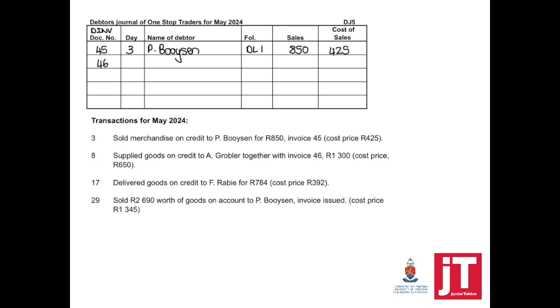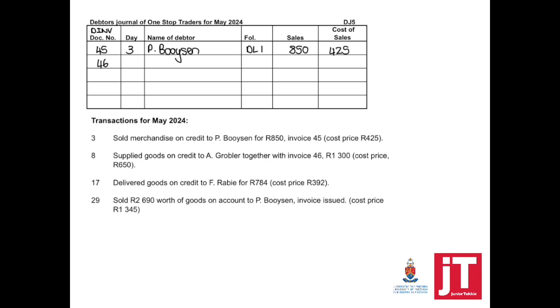Then the second transaction, I can automatically fill in the next number, which is 46. They don't even need to tell you that, because we issue the invoices in numeric order. The business keeps the duplicate. So day 8 says supplied goods on credit to Grobler, together with invoice 46, $1,300.